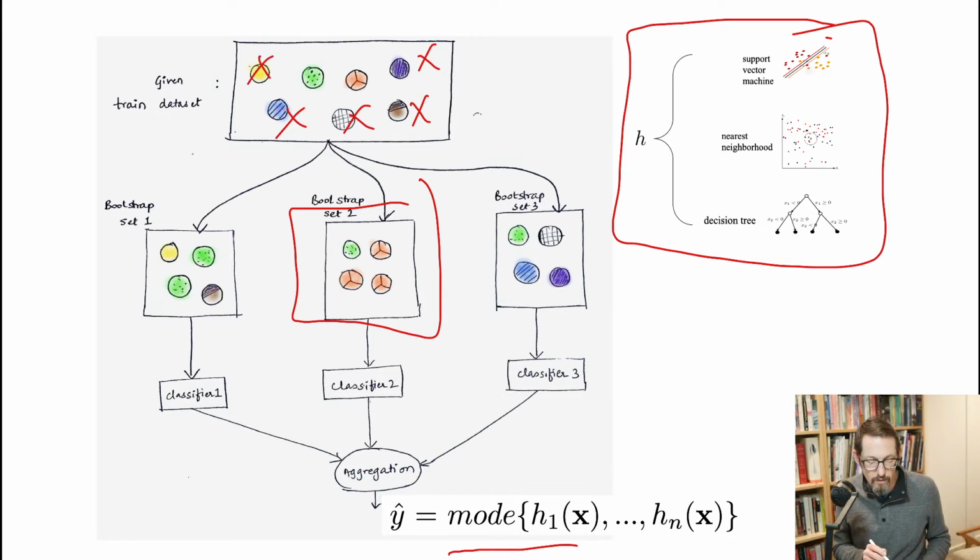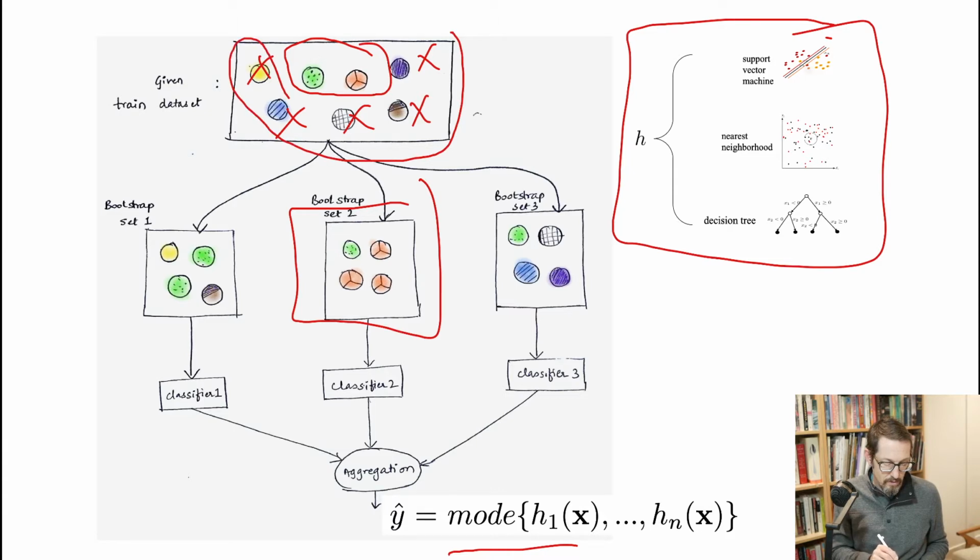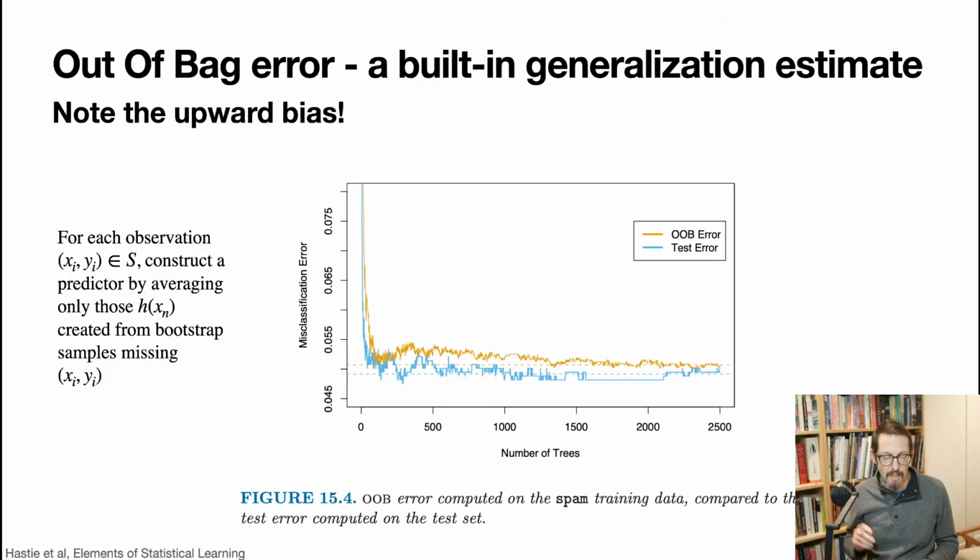Our exemplar data set is only composed of these. So that means that all the ones it didn't see as training data, these could be test data. Ho-ho, right? And you start to see it. That is what the out-of-bag error is.